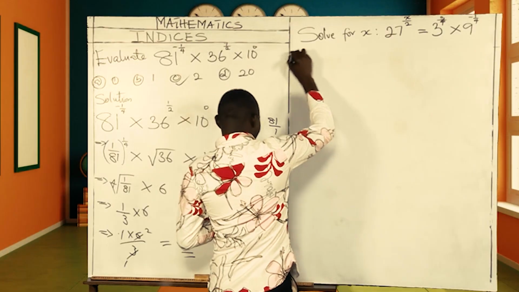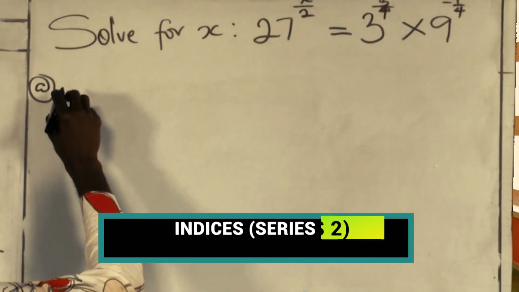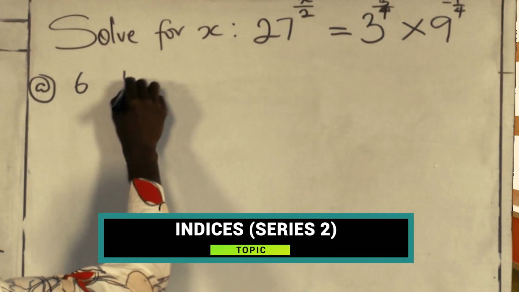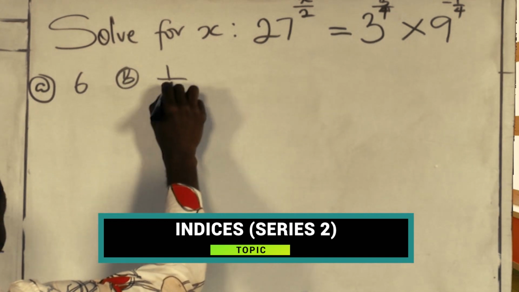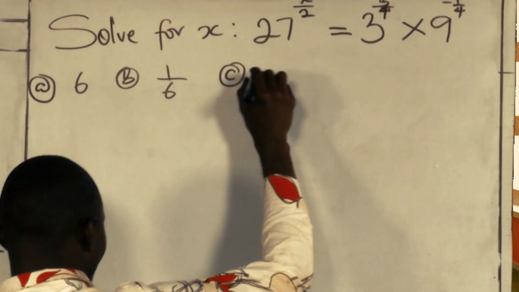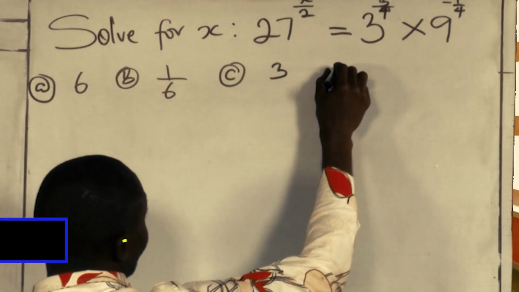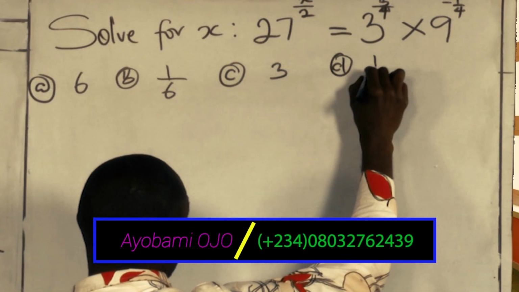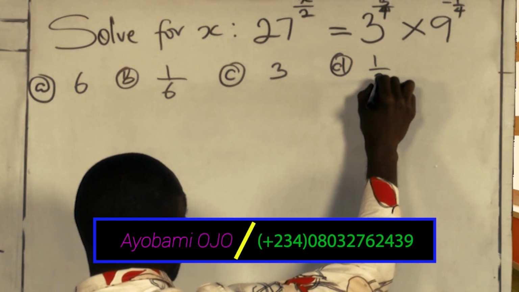Option A, we are given 6, B 1 over 6, option C 3, and option D we have 1 over 3.